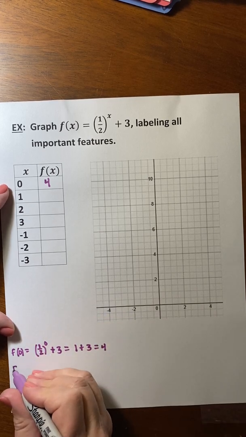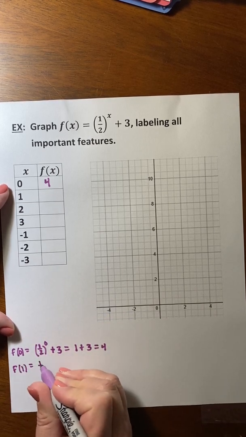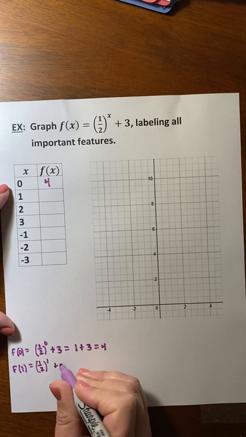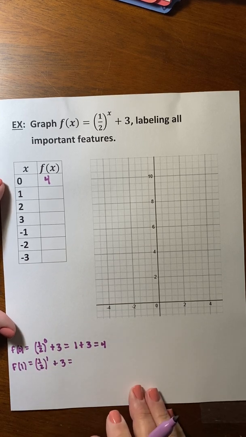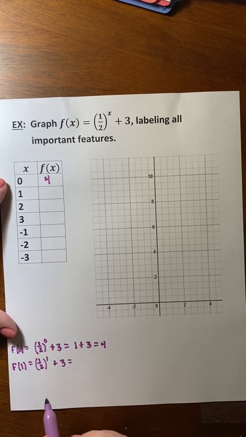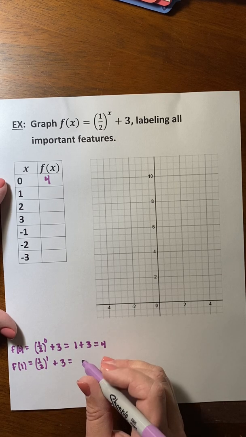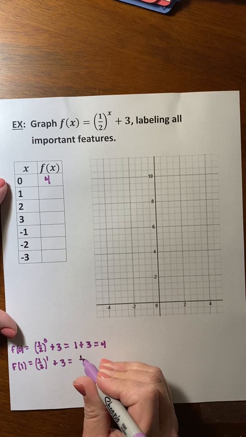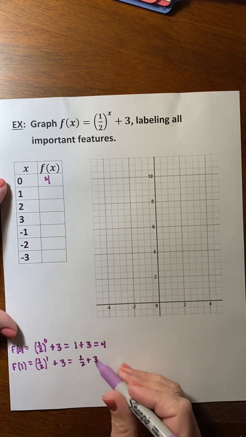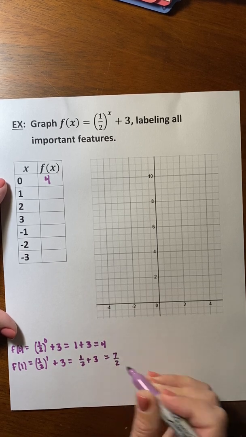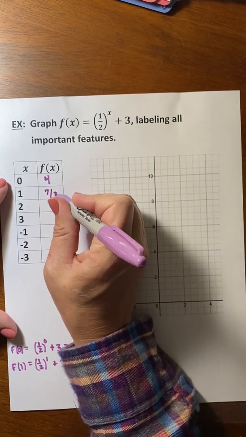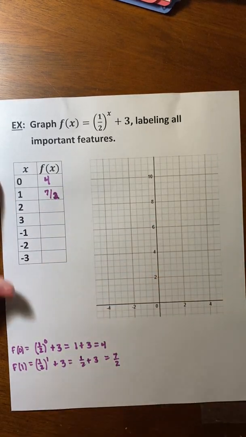At 1, f(1) would be (1/2)^1 plus 3, which is 3.5, but we don't really say 3.5. I'm going to say 1/2 plus 3. I'm going to turn this into 6/2. This is going to be 7/2, but when we graph it, we can think 3.5. So at 1, we're at 7/2.